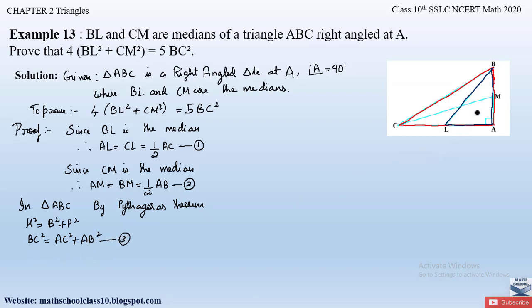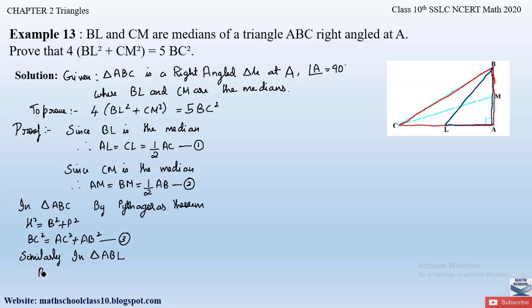Now similarly, let us apply the Pythagoras theorem to triangle ABL and triangle CMA. In triangle ABL, applying the Pythagoras theorem, since BL is the side opposite the right angle, this is the hypotenuse.